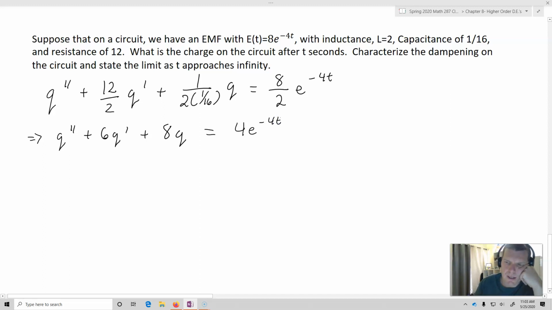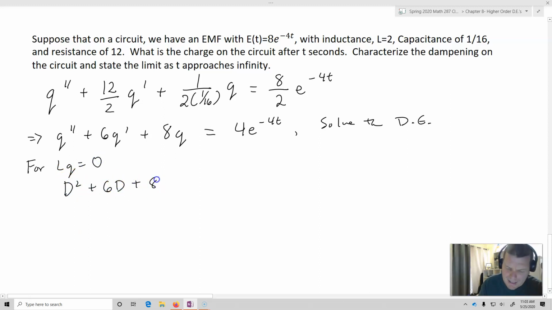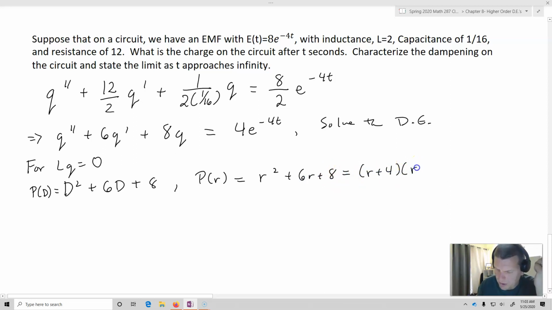Now what we're going to do is solve for those different parts. For LQ equals 0, that's going to be D squared plus 6D plus 8, which is our P of D. And P of r, thus, is going to equal r squared plus 6r plus 8, which equals r plus 4 times r plus 2.